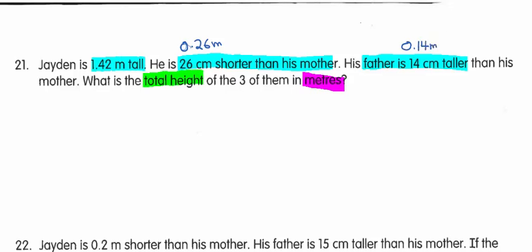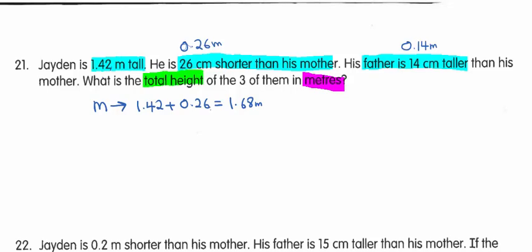Okay, so Jaden is 1.42 meters, and he is 26 cm shorter than his mother. So if he's shorter than his mother, that means the mother is taller. So very straightforward. The mother will be 1.42 plus 0.26, and that will give me 1.68 meters.